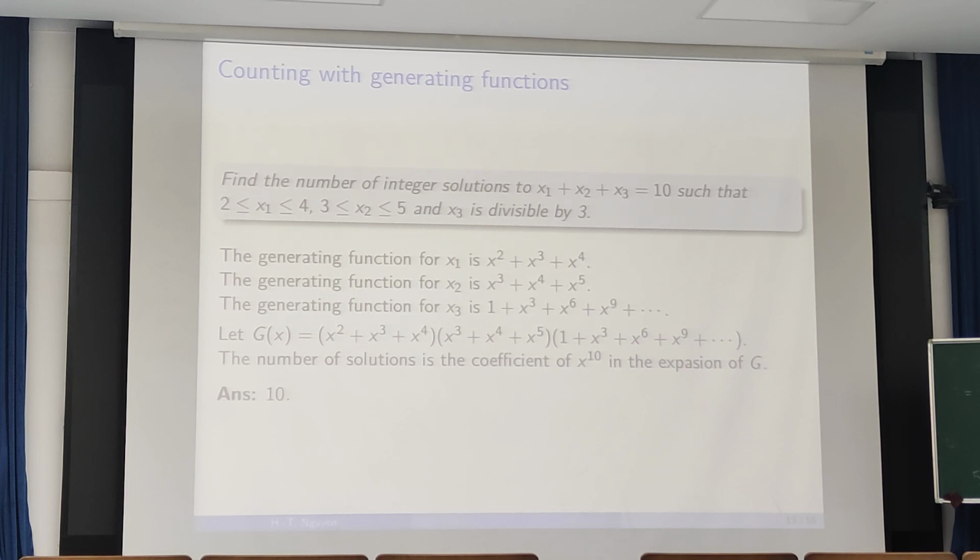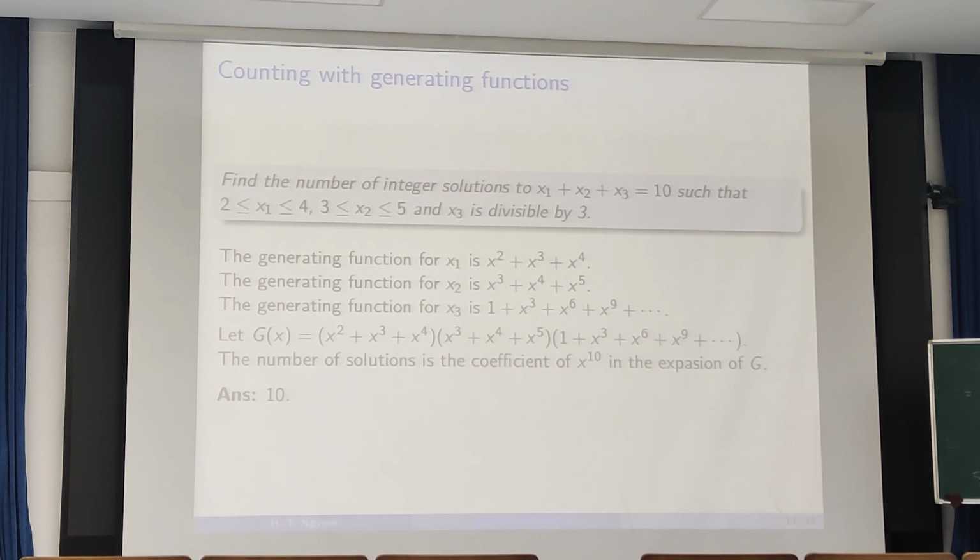Do you understand the technique to answer this kind of question? You have an equation like this, and a set of constraints, conditions here. You use these conditions to write the generating functions for each variable.